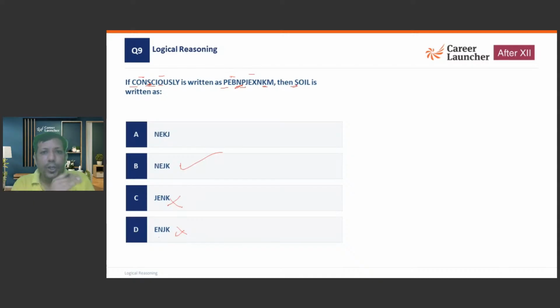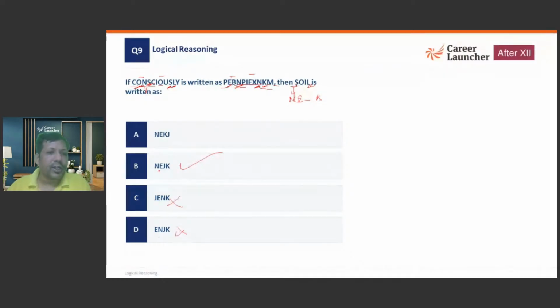Got it? So what did I do? I just started finding the values of the alphabets. So if I look at this S, S is the third last letter, N. So this S should belong to N. This O, second alphabet, so this O is E. Then this L is the second last alphabet, that is equal to K. So N and in between something, then E, and NK.